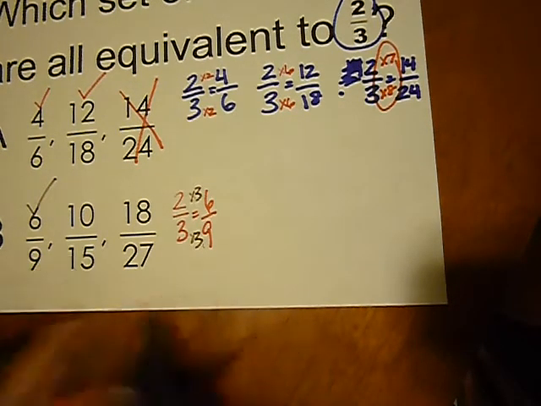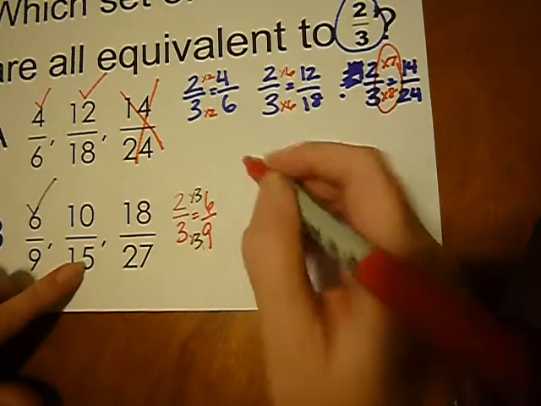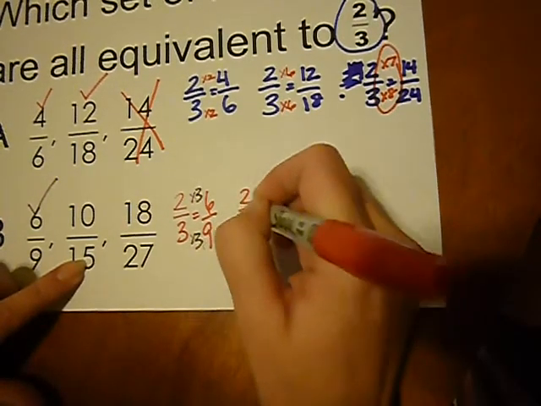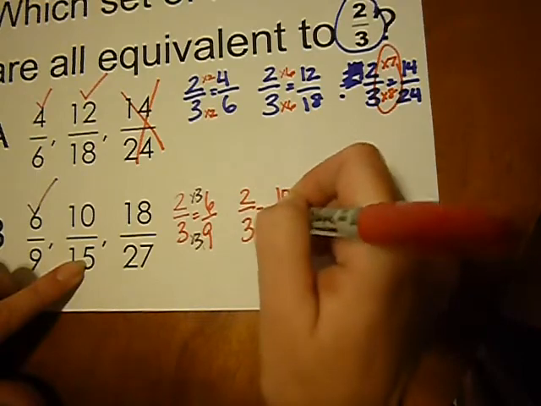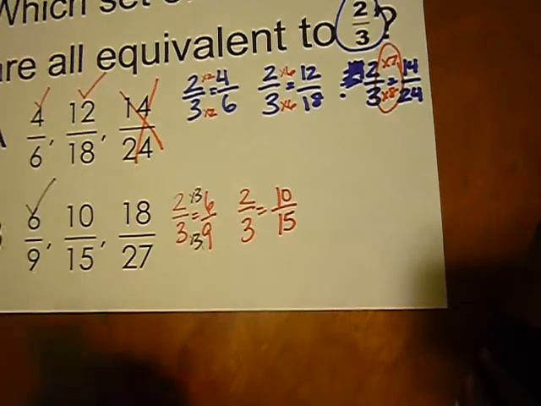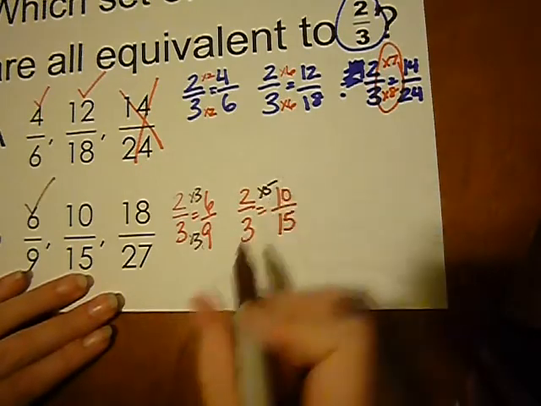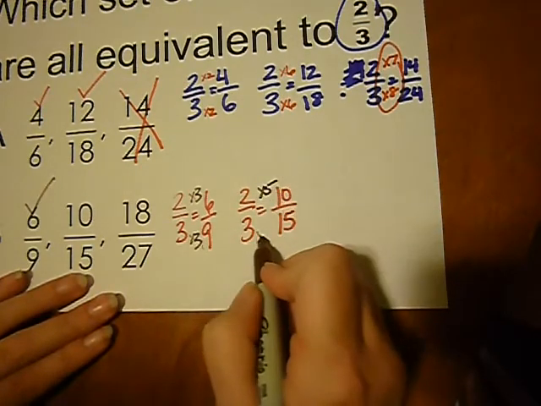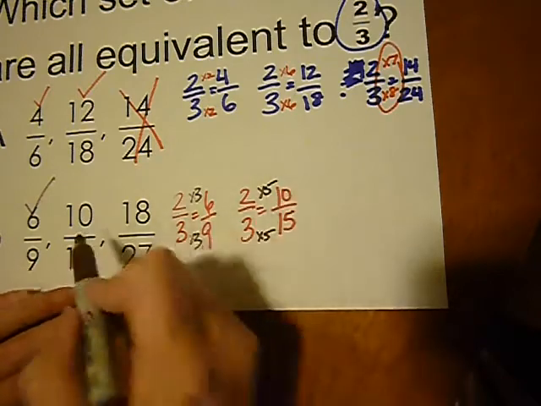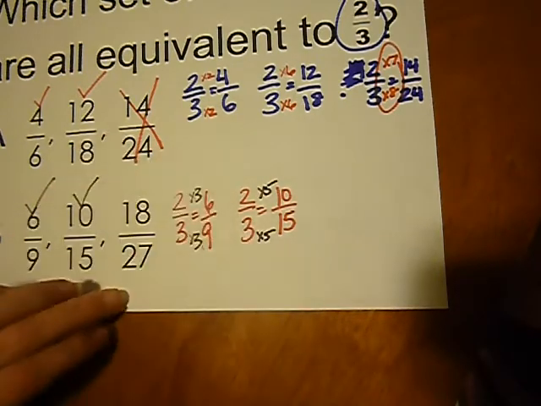Then my next set, 10/15. So 2/3 and 10/15. I check my multiplier. 2 times 5 is 10, and 3 times 5 is 15. So 10/15 is also equivalent to 2/3.